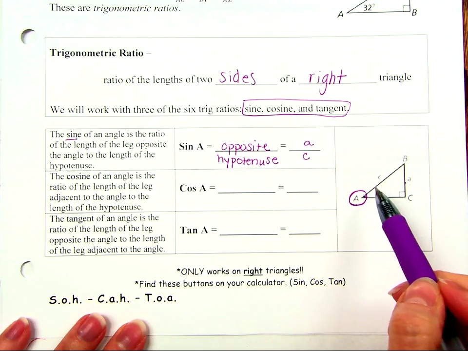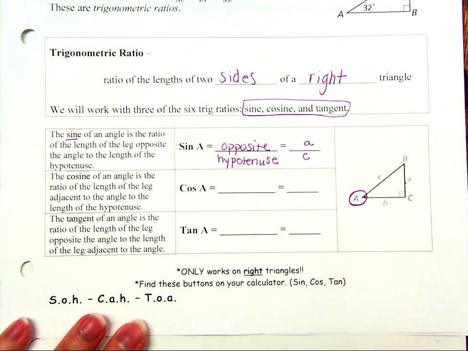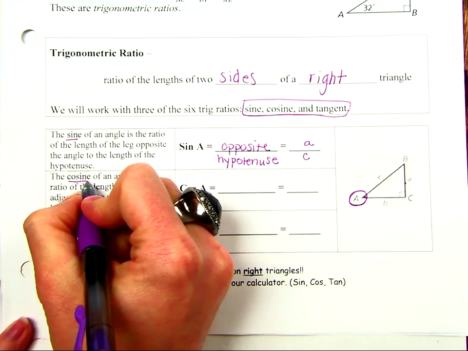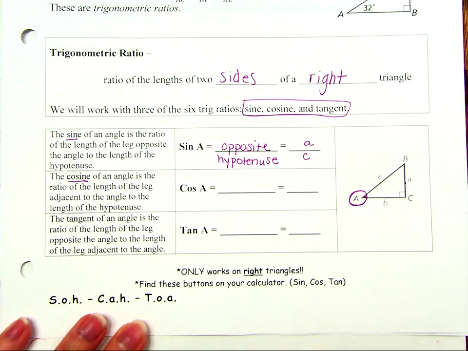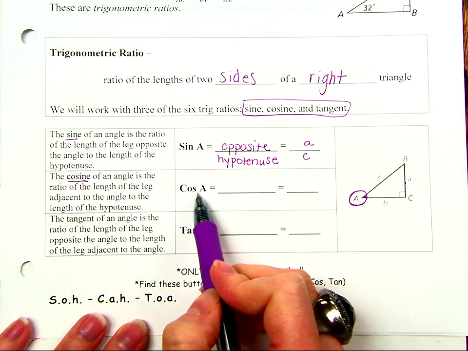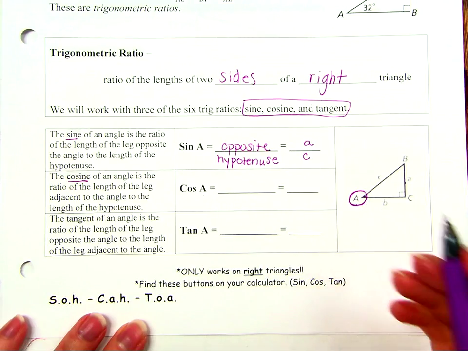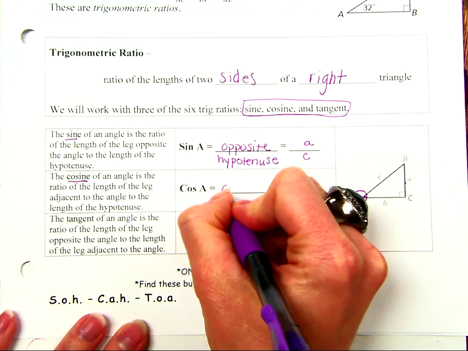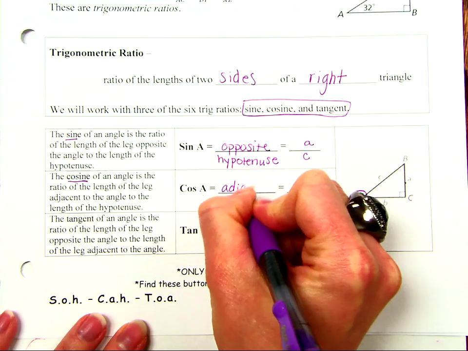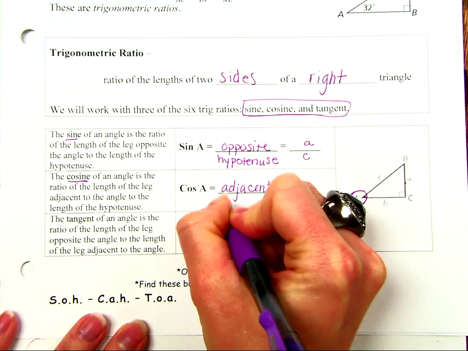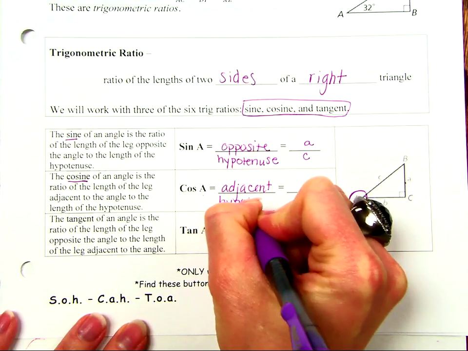Now we know that in our examples, we're going to be working with numbers. The cosine of an angle is the ratio of the length of the leg adjacent to the angle to the length of the hypotenuse. So the cosine of angle A is defined as the adjacent leg over the hypotenuse.